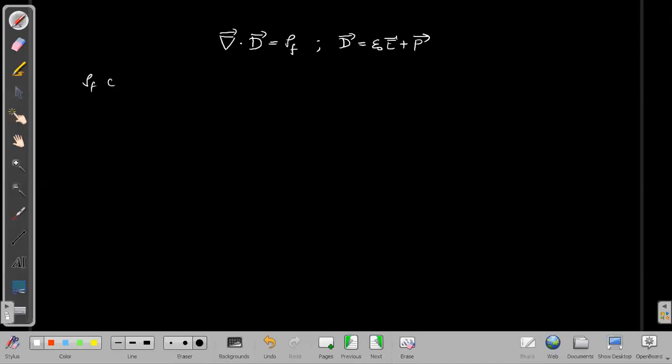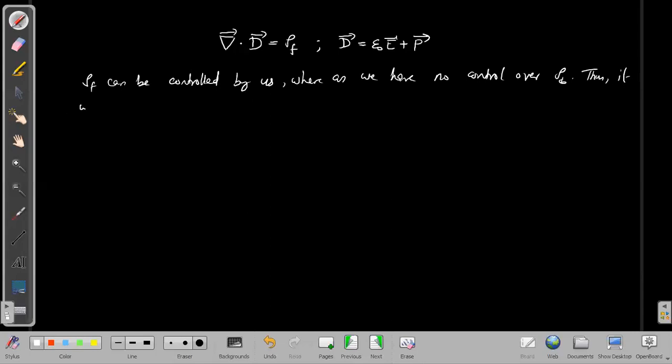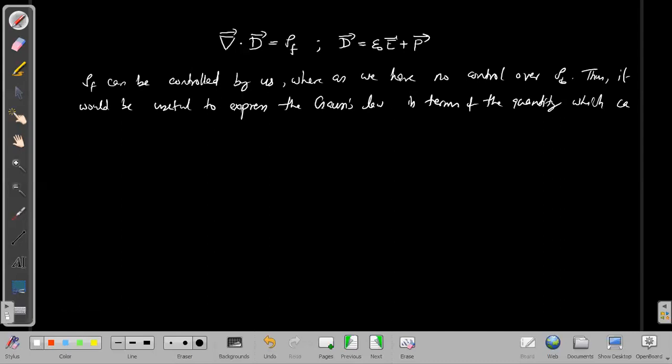Okay, so rho F can be controlled by us, whereas we have no control over rho B. So it would be useful to express Gauss's law in terms of the quantity which can be controlled by us.